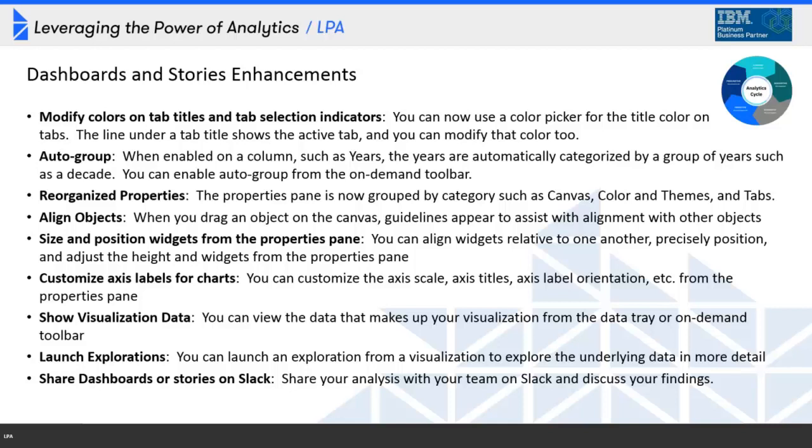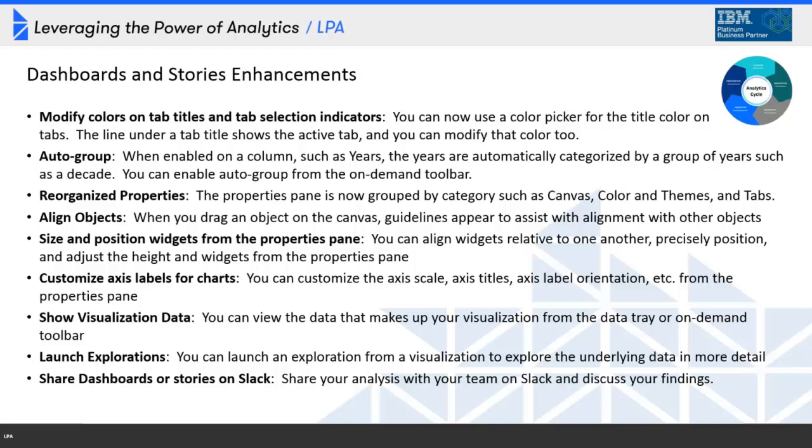For widgets that have axes that have labels on them, you can customize the axis labels in terms of how they're presented, but you can also change the scale of axes. You can add and change the titles to axes and so on. Again, all from this reorganized properties pane.